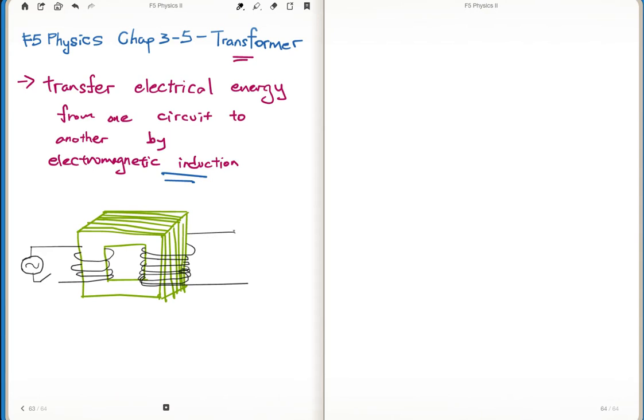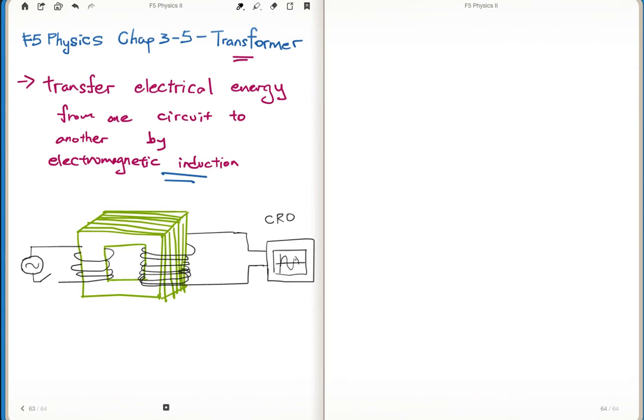What we're going to do here is connect it to a cathode ray oscilloscope. A cathode ray oscilloscope is a device to look at the profile. You have a screen, and on the screen you're able to see a sinusoidal graph.